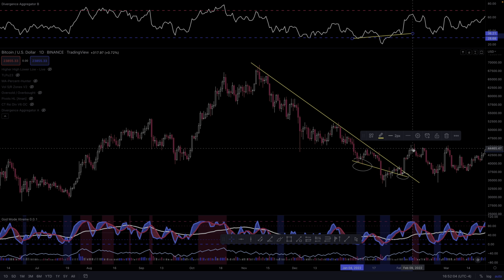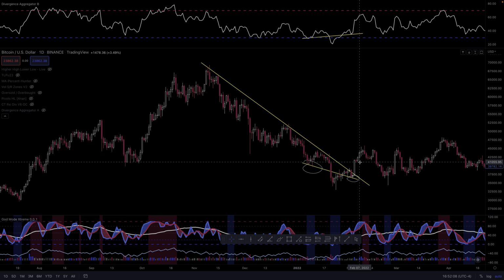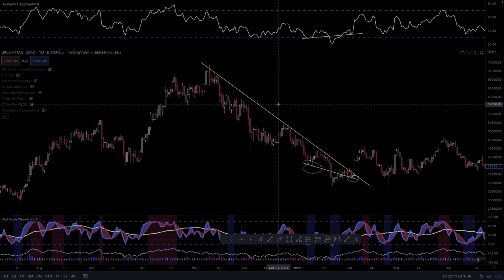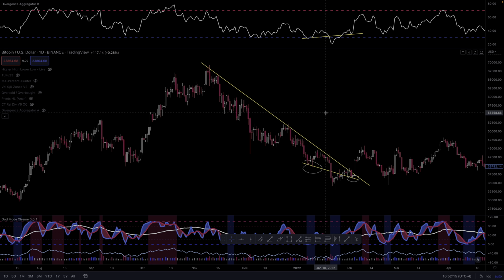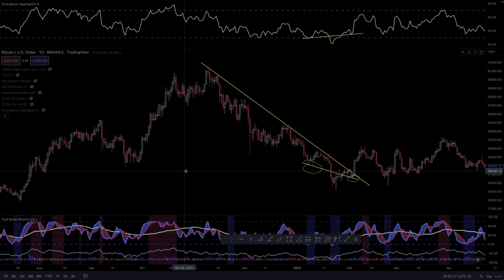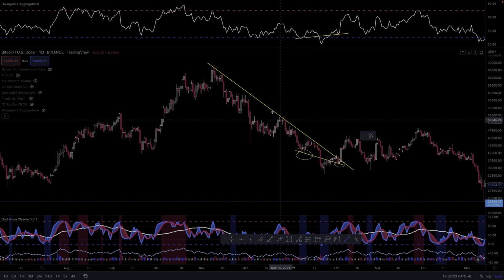Sorry to get off topic here, but I had to point out that divergence. But also, like I said, instead of drawing this trend on the actual price action, people would draw it here on the RSI.